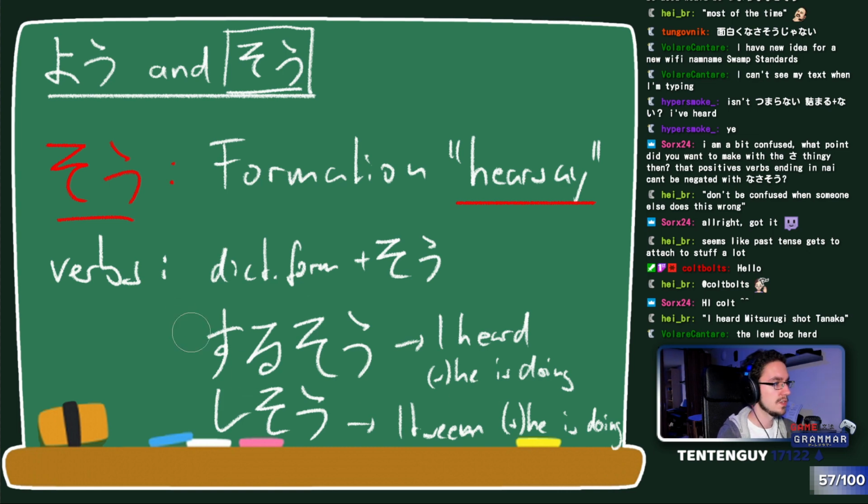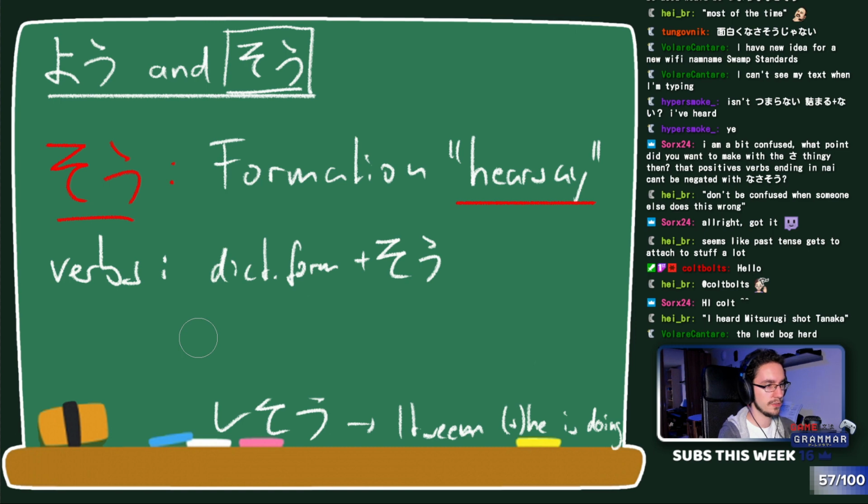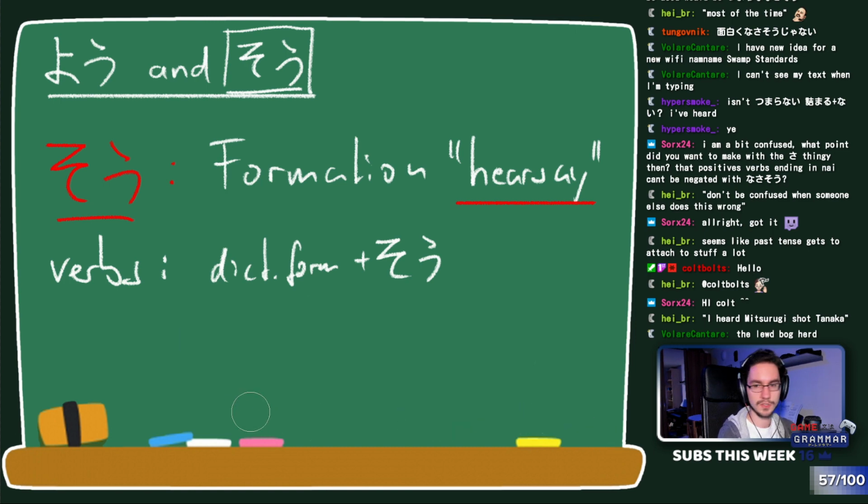Okay? So that's it for verbs. Just don't do anything. Just use dictionary form or sentence-ending forms and just add sou. And again, you can add da as well to end a sentence or to make an assertive statement. So da. Both of these work. And this as well, by the way, at the end of a sentence.